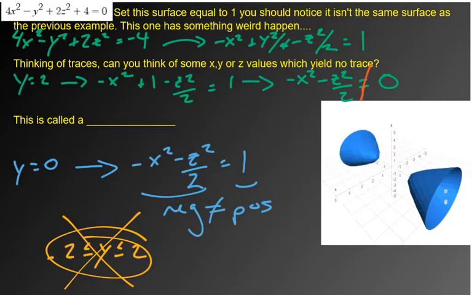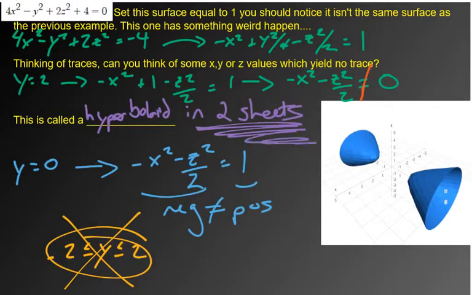It literally is a disconnected graph, just the way a hyperbola gets disconnected. This thing has a weird name, and I don't really know where it comes from, but this is called a hyperboloid, and then this part I don't really understand, in 2 sheets. Not so sure where the sheets come in.